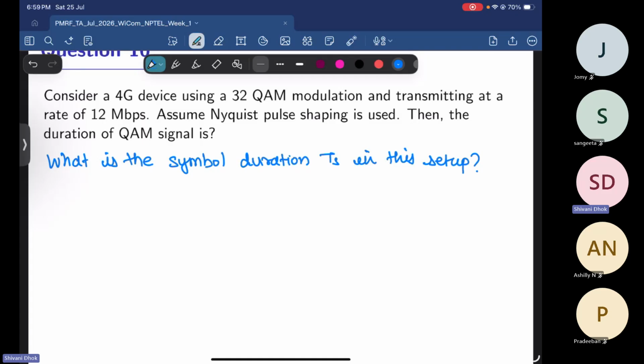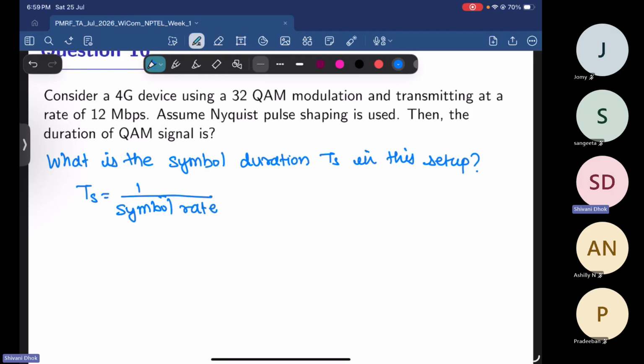Okay, so symbol duration Ts is basically 1 by symbol rate. This is because your symbol rate and bandwidth are the same, because you are using a Nyquist pulse shaping filter. Okay, so you have this particular setup now.